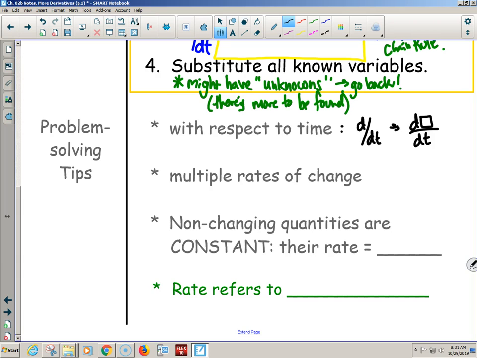Can you think of a different shaped container where even though the water might be filling up or draining out, there is a measurement, a quantity that doesn't change? Cylinder, right? Because the cone, the radius is changing the whole time.